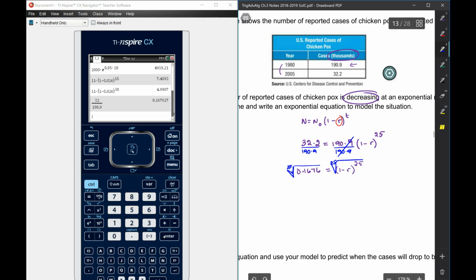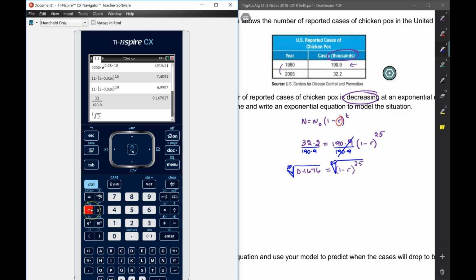But now, with the calculator, here's what you do. The 25th root, in order to do it, it's control and this button here. Now look, in the index, you put 25. But on the inside, don't type in any numbers. Here's what I want you to do. You can put in the whole answer in there.